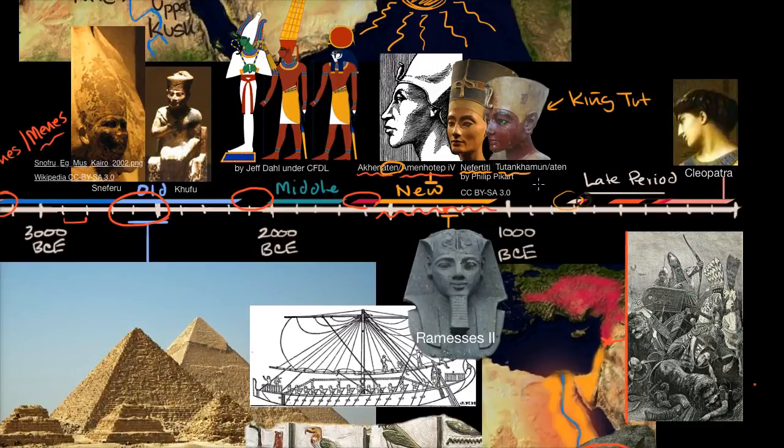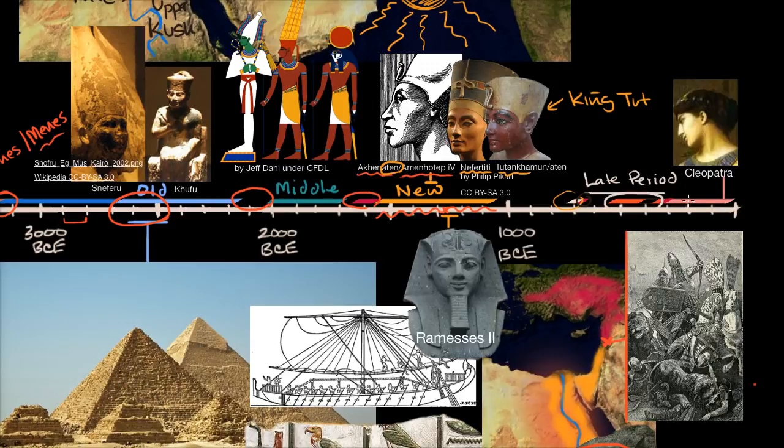And then eventually, and we talk about this in some detail in other videos, you have the Persians take over. You have Cambyses, Cyrus the Great's son. He's able to conquer Egypt, and Egypt becomes part of the Achaemenid Empire for a while, until the conquering of Alexander the Great. And after Alexander the Great dies, one of his generals and his dynasty takes over, Ptolemaic Egypt.